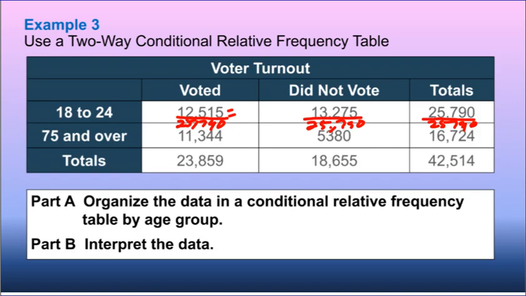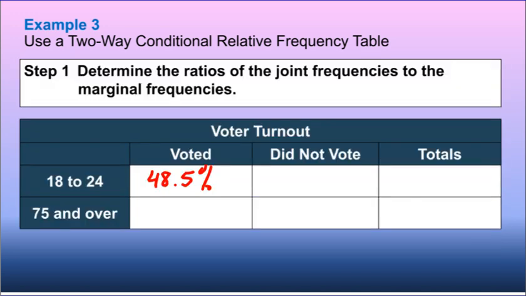Next, 13,275 divided by 25,790 gives us 51.5%. And if I add those up, 51.5 plus 48.5 gives us 100%.